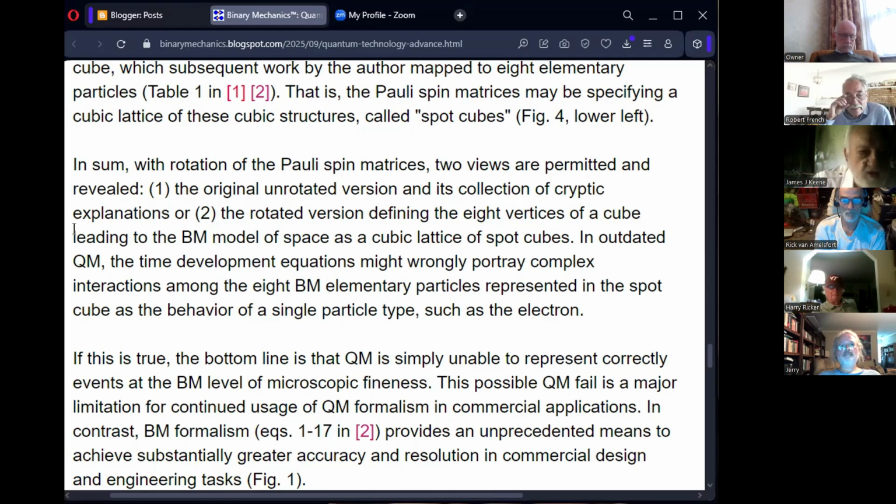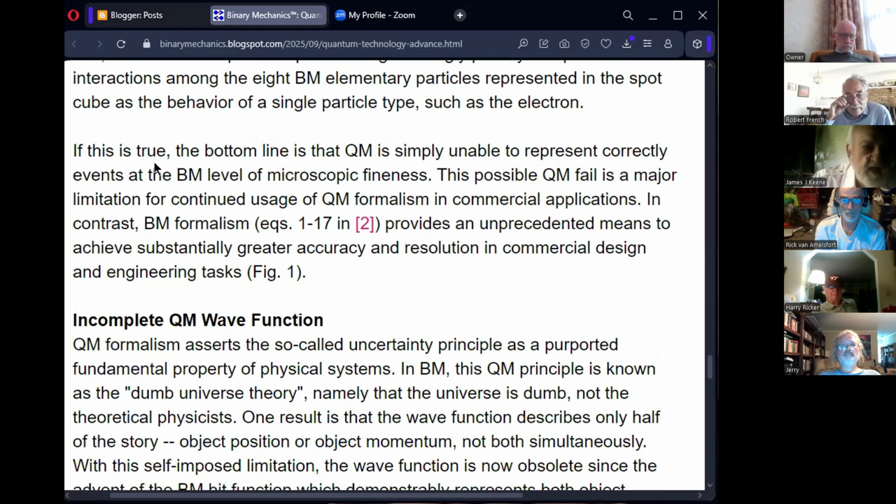In other words, the quantum mechanic formalism may be greatly oversimplifying what is actually happening as far as we can tell. If this is true, the bottom line is that quantum mechanics is simply unable to represent correctly events at the BM level of microscopic fineness.